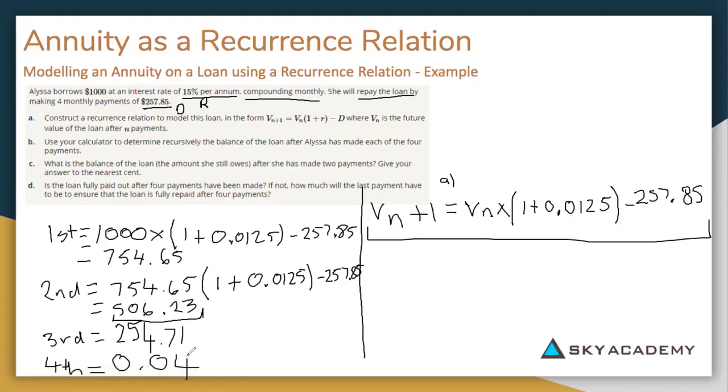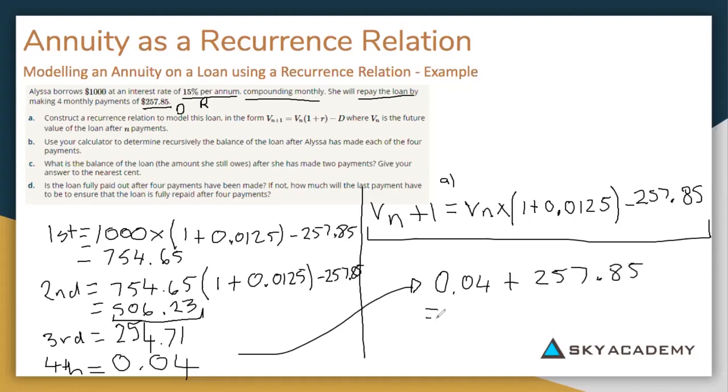And so her last payment would be, I'll do a little arrow over here. If she has to repay the loan by making monthly repayments of 257, her last repayment would be 0.04 plus 257.85.